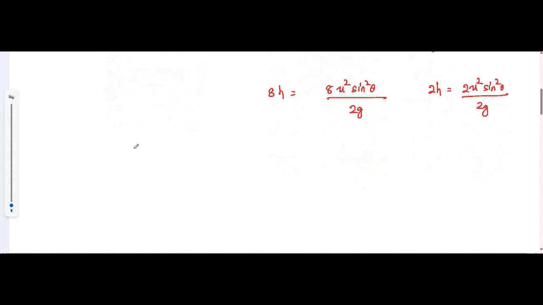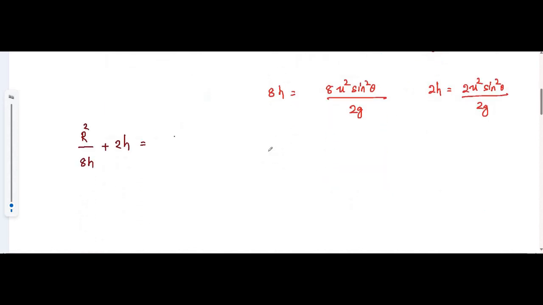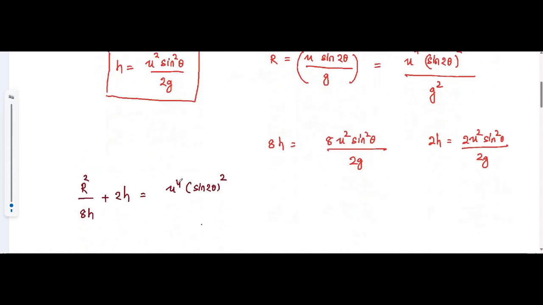Now coming back to the main thing. Now R square by 8h plus 2h, that is equal to, first let us write R square. R square here is u to the power 4 sine 2 theta square by g square.